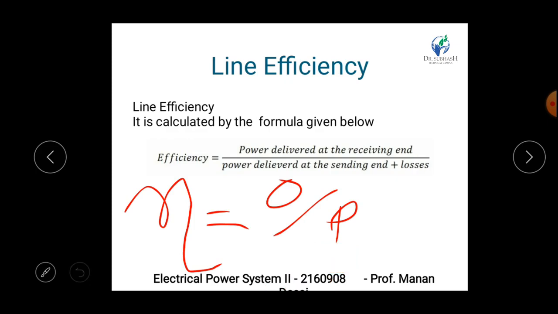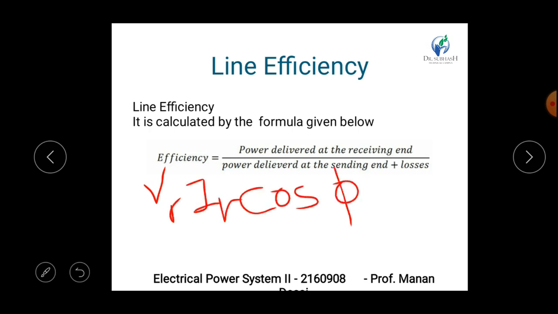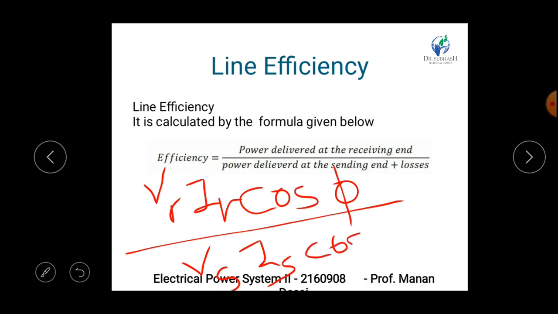So now we write the output power as VR IR cos phi, and input power as VS IS cos phi. So now the efficiency is also clear.